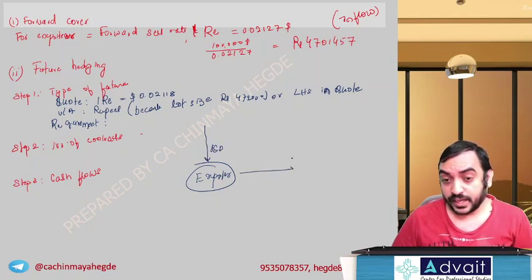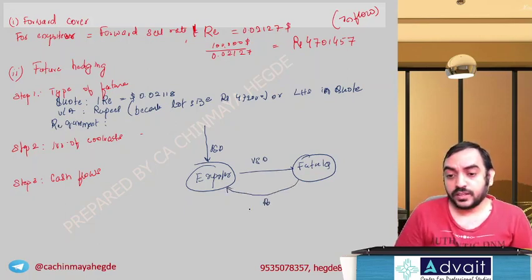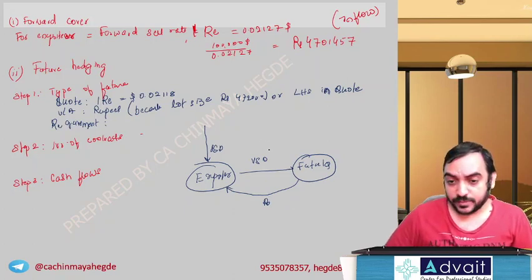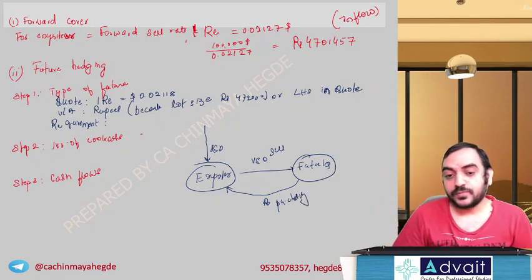And in the market, in the future, forward, options, money market, wherever, he has to get rid of USD and get rupees. So USD is sold, and rupee is purchased. Getting means purchasing, right?